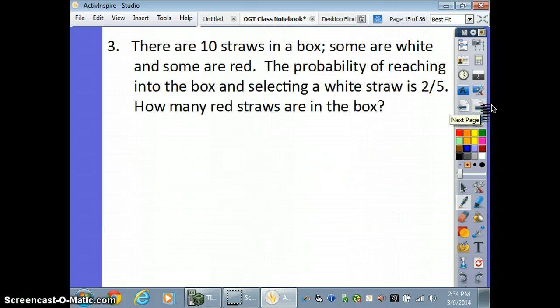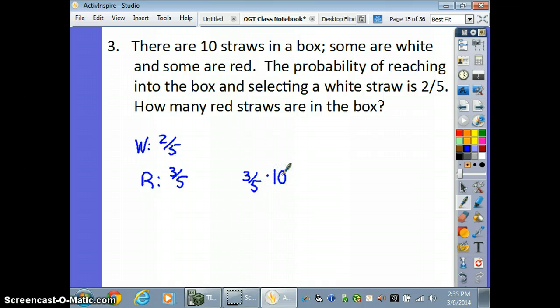There are 10 straws in a box. Some are white, some are red. The probability of reaching into the box and selecting a white straw is 2/5. How many red straws are in the box? Well, if the white's 2/5, the red is 3/5, right? 3/5 of 10. 3/5 times 10.